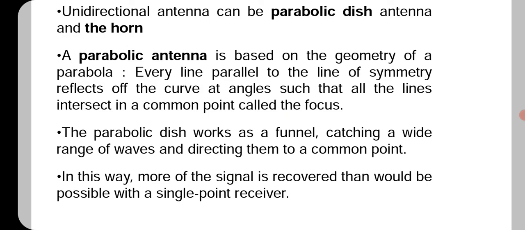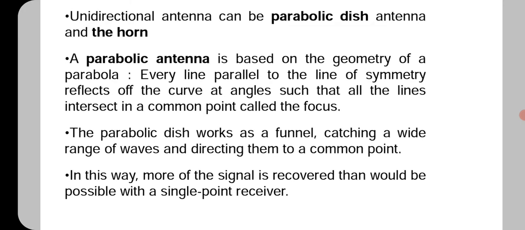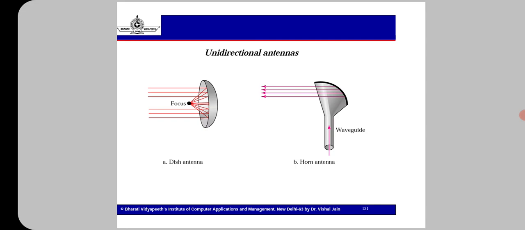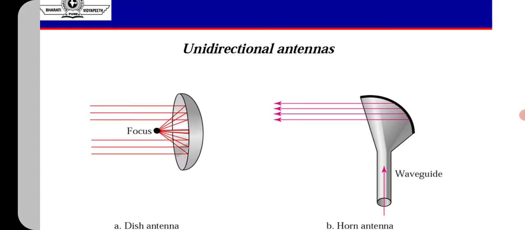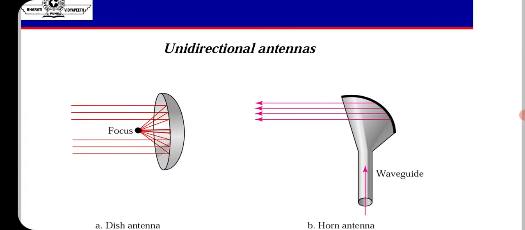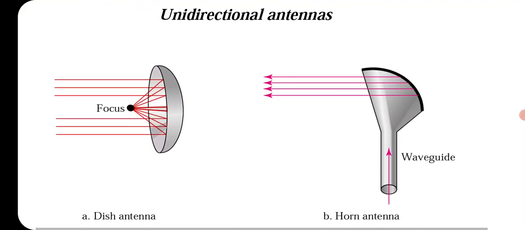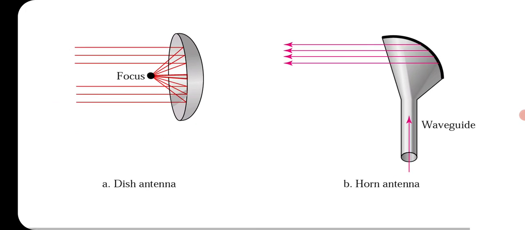The parabolic dish works as a funnel catching a wide range of waves. This is the diagram of using unidirectional antennas: focus, wave guide, horn antenna, dish antenna.